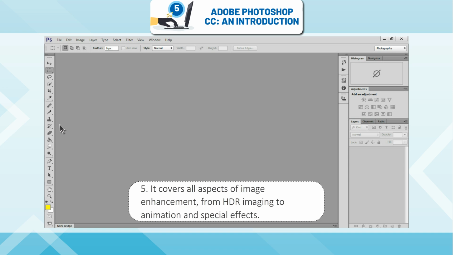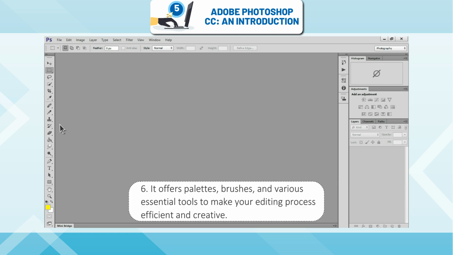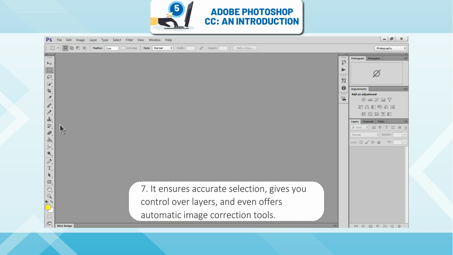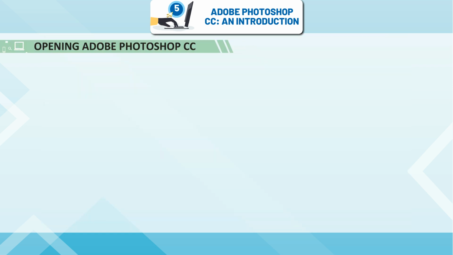It covers all aspects of image enhancement, from HDR imaging to animation and special effects. It offers palettes, brushes, and various essential tools to make your editing process efficient and creative. It ensures accurate selection, gives you control over layers, and even offers automatic image correction tools.